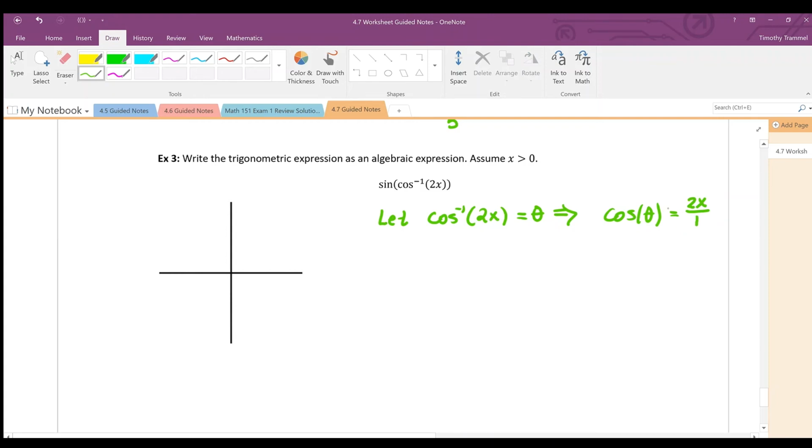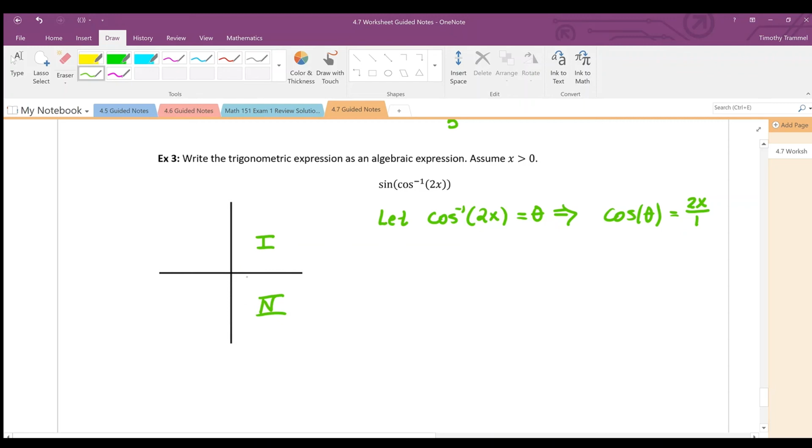And now we can sketch a triangle out of this. But we should go back to this x greater than 0 thing. So if cosine of theta is equal to a positive number, we know that the angle must be either in quadrant 1 or quadrant 4. That's where our x values would be positive.